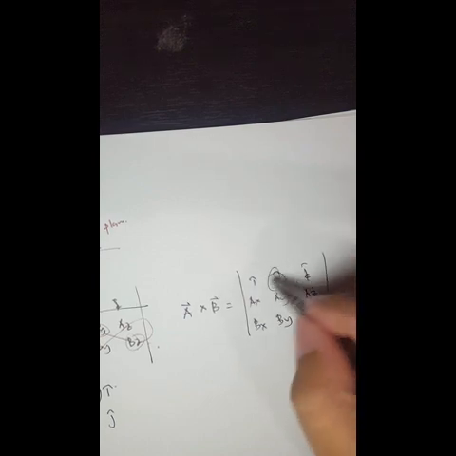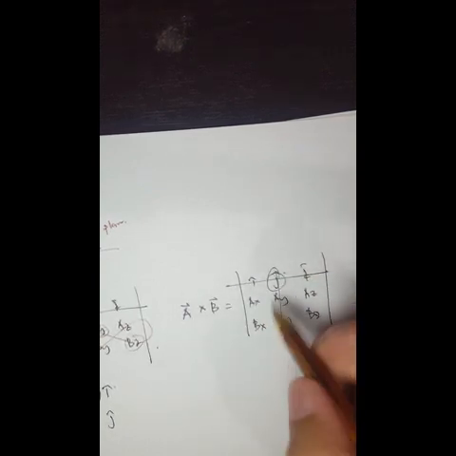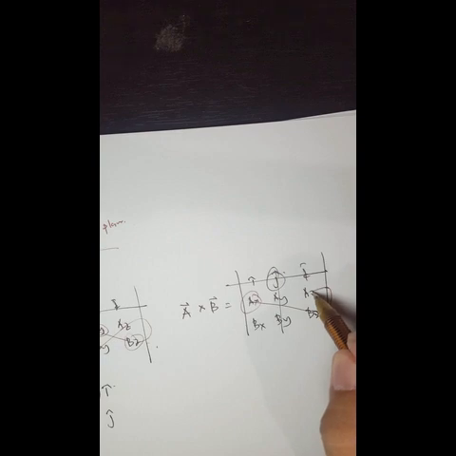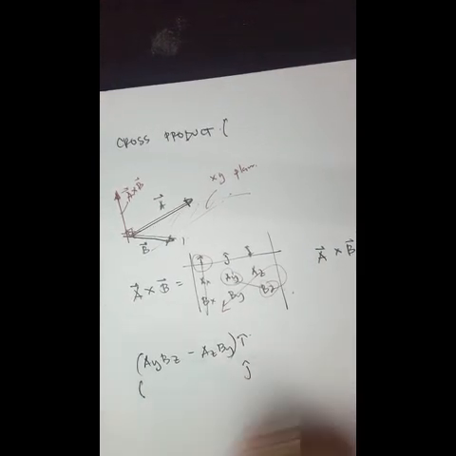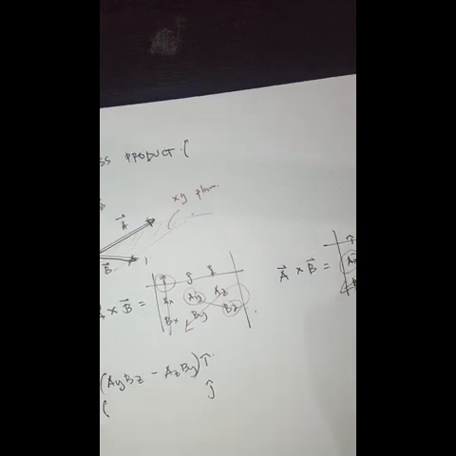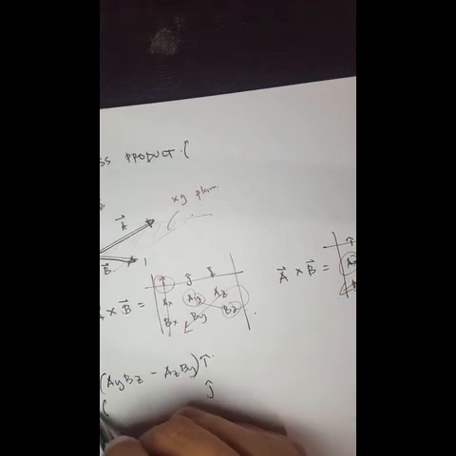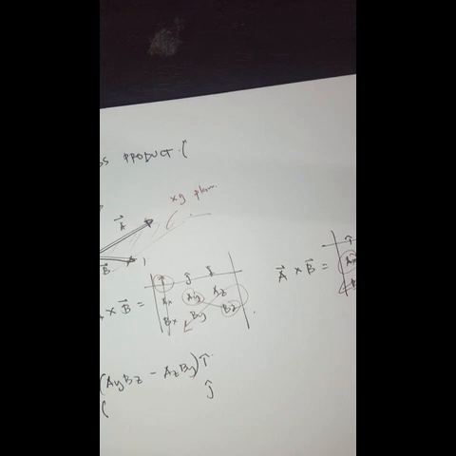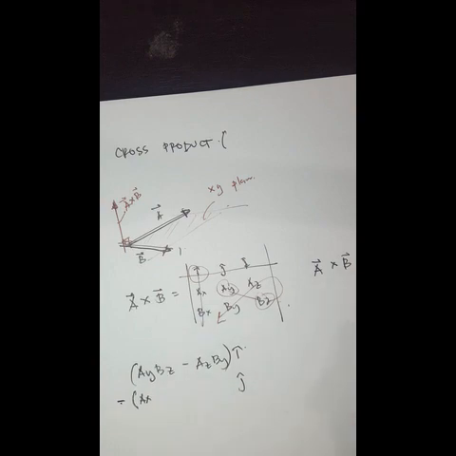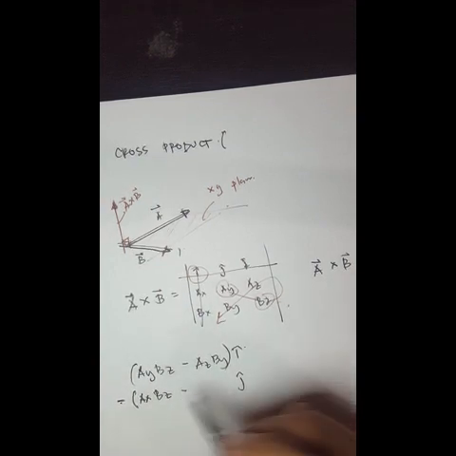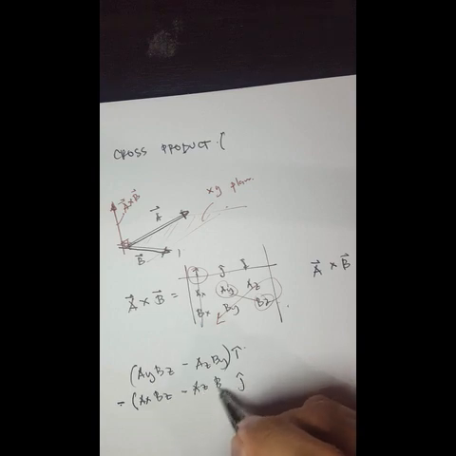We're not considering this column, so we start with AX multiplied by BZ, minus AZ times BX. Take note, for the j component, as a simplified procedure, it is required that we put a negative sign outside. So it is negative of AX BZ minus AZ BX.